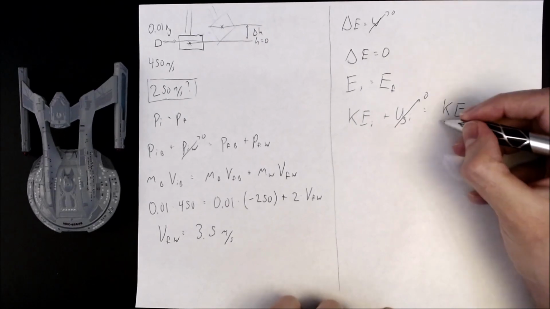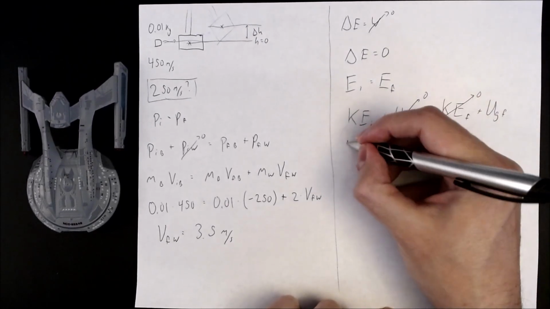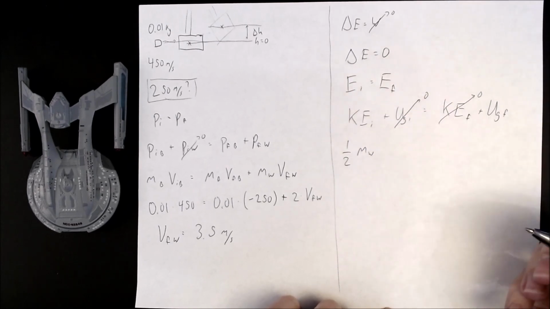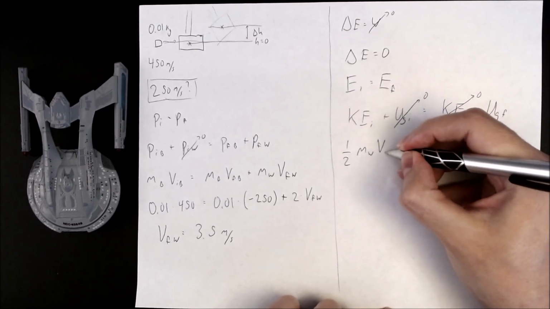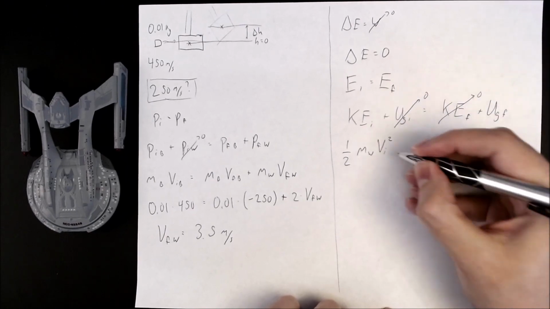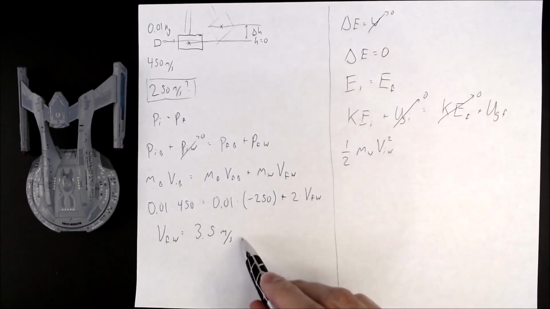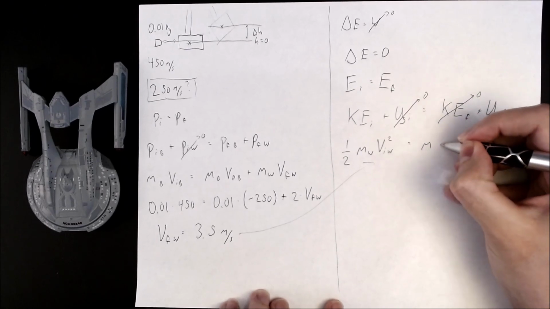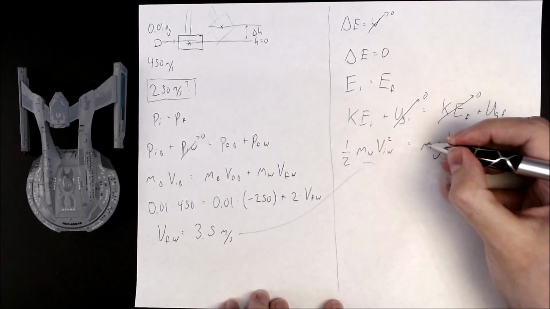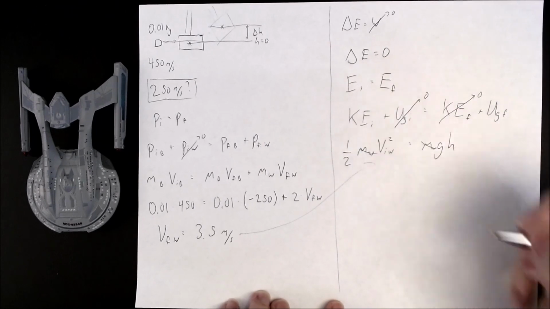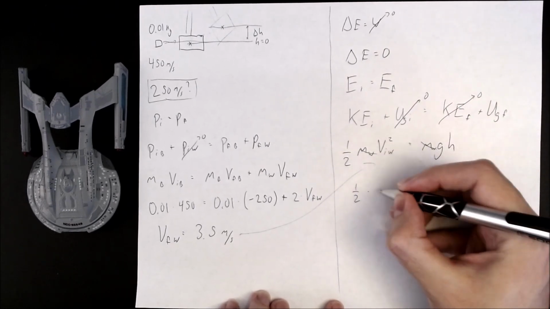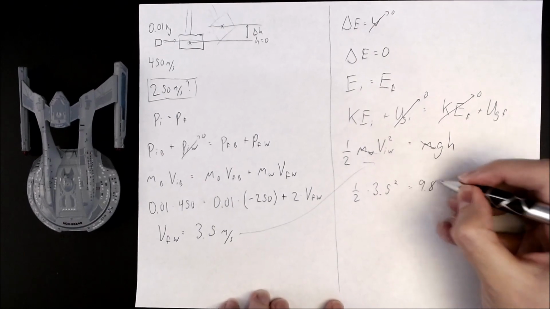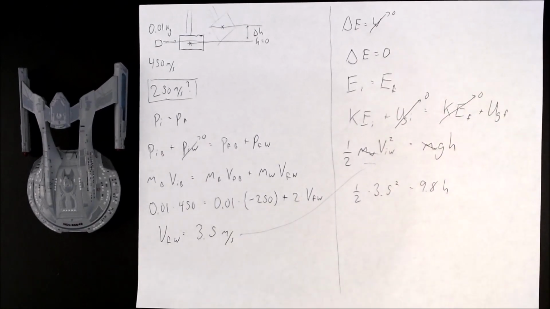And the kinetic energy final will again be 0. 1/2 mass of just the wood, in this case, times velocity initial squared for the wood, which we're going to take right from here, is equal to mgh, and that's the mass of the wood, so that cancels out. We get 1/2 times 3.5 squared is equal to 9.8 times h.